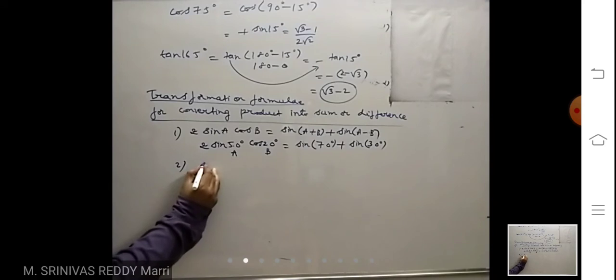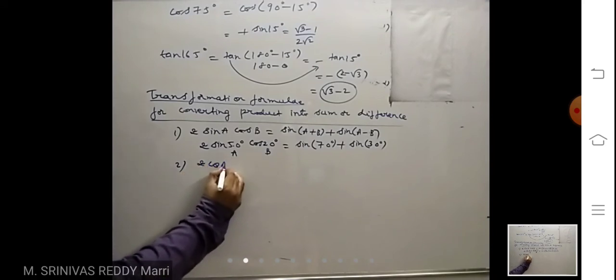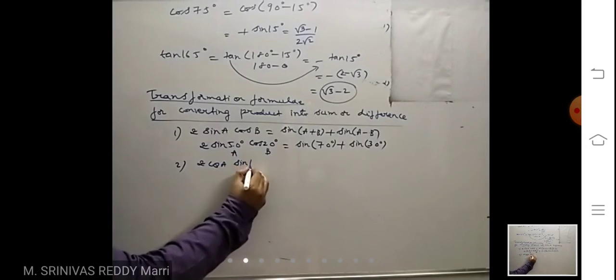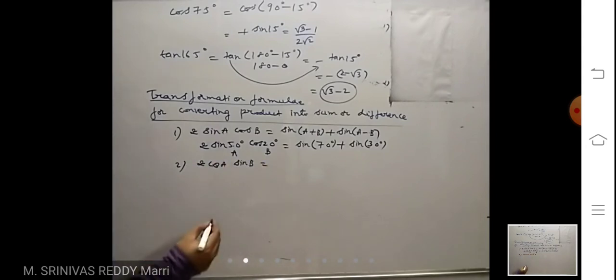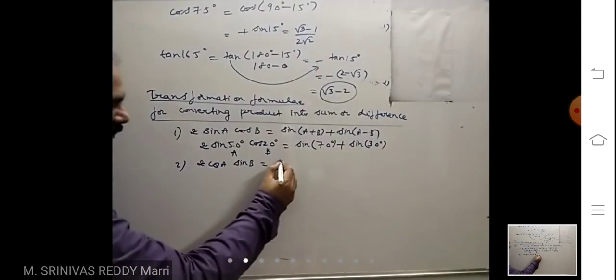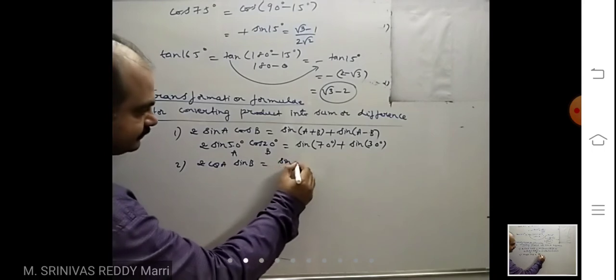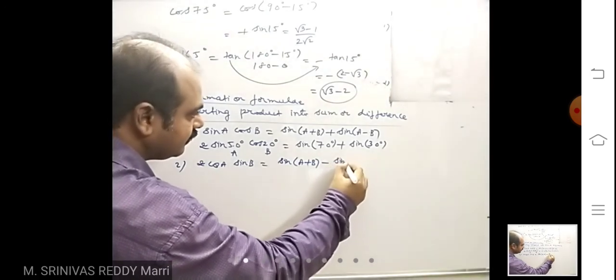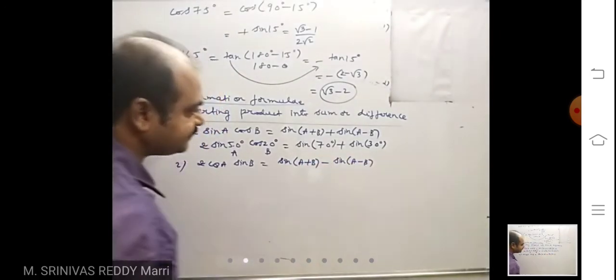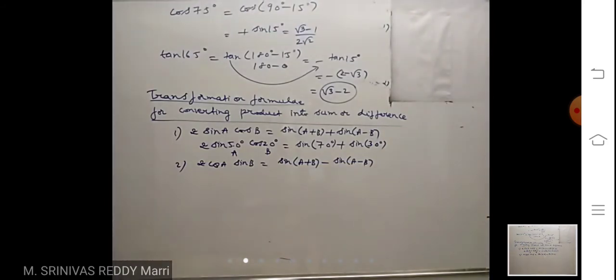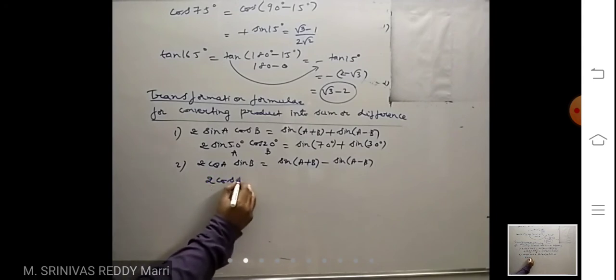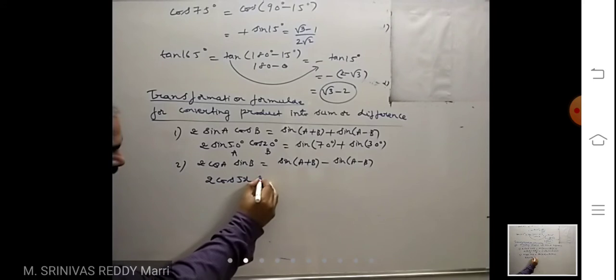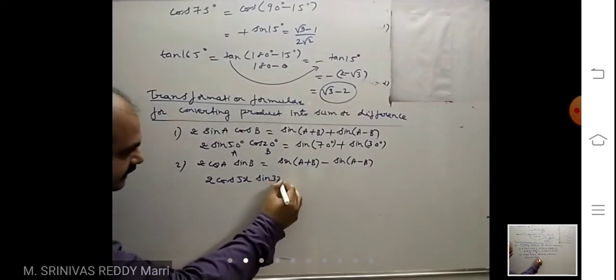Next, second. Suppose it is 2 cos A sin B. First cos and then sin, cos inside is A, sin inside is B. That means this can be written as sin of A plus B minus sin of A minus B. Look at an example, 2 cos 5x sin 3x.